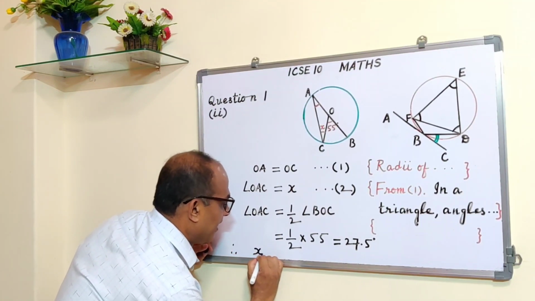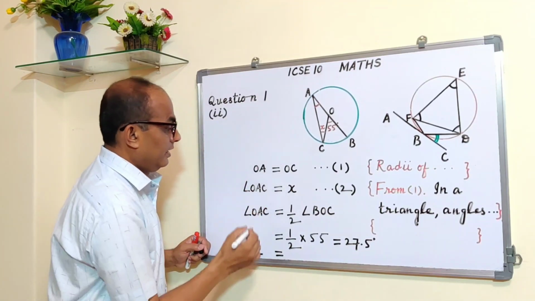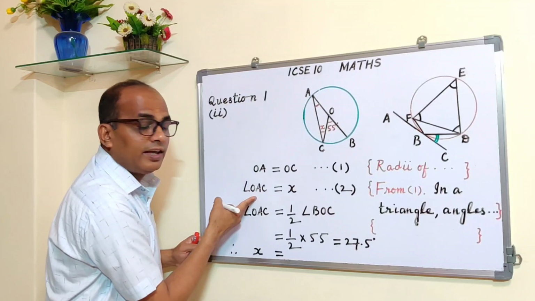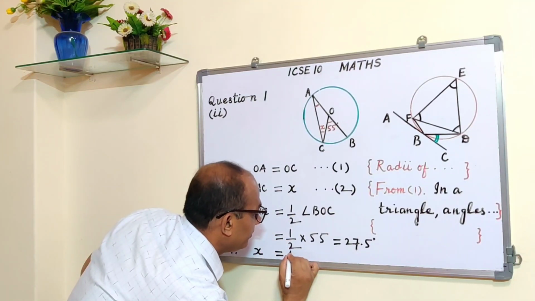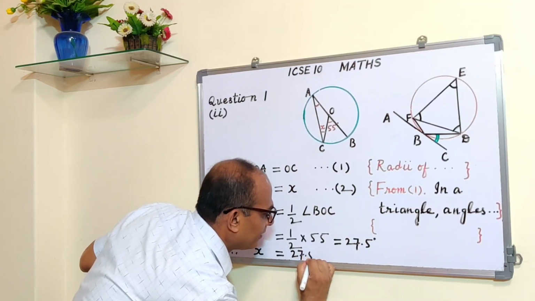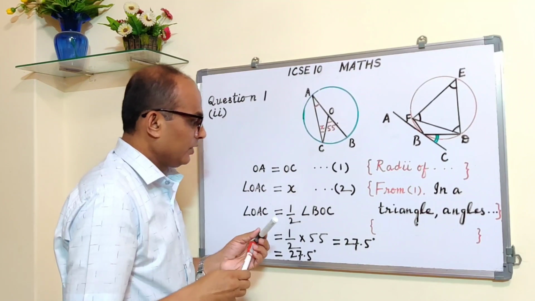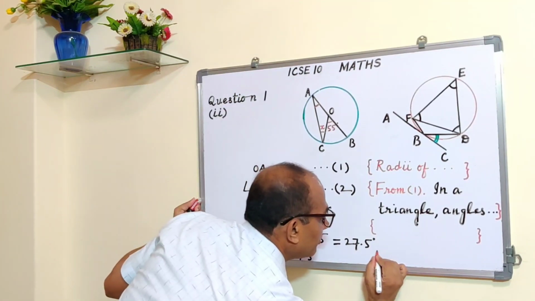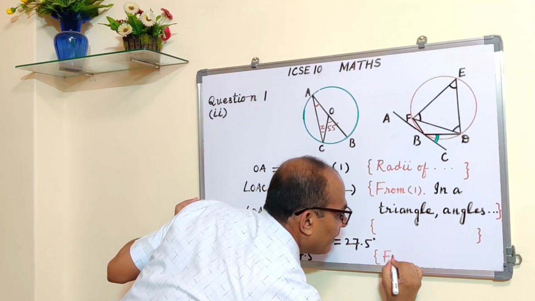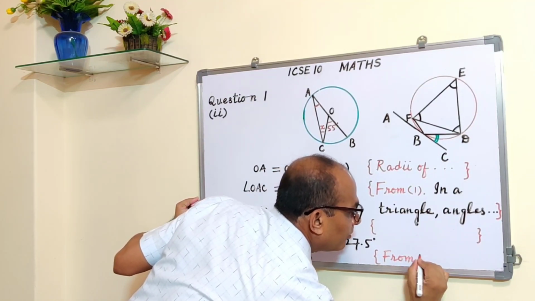Or directly you can write down x is equal to 27.5 degree. And the reason you can give from equation number 2.